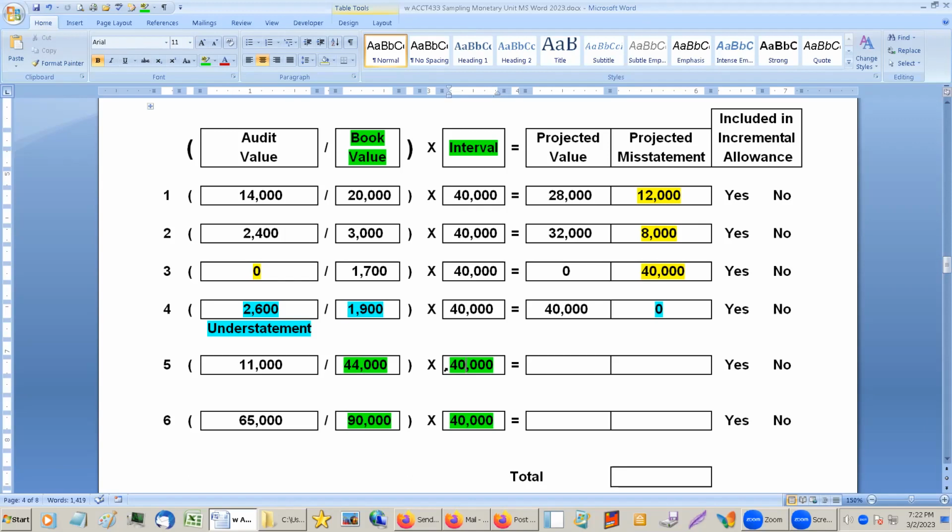Now, when it comes to the misstatement, though, this kind of poses a problem. The problem is, if we do this the same way we've been doing it, dividing it by this, it is going to understate our projected misstatement. Why? Because the actual misstatement is higher than the projected. How much is this actually off by?